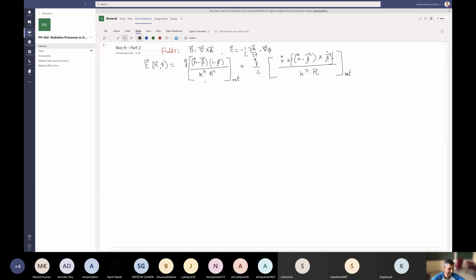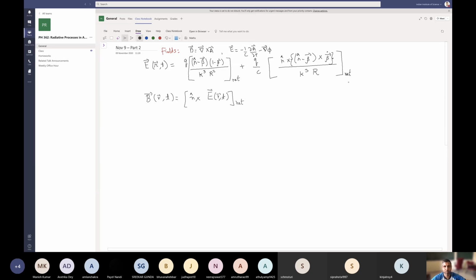Now, this is the electric field, and similarly, once you have the electric field, the magnetic field is just n hat cross E, but evaluated at the retarded time.